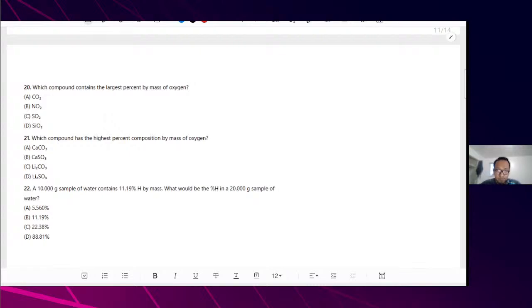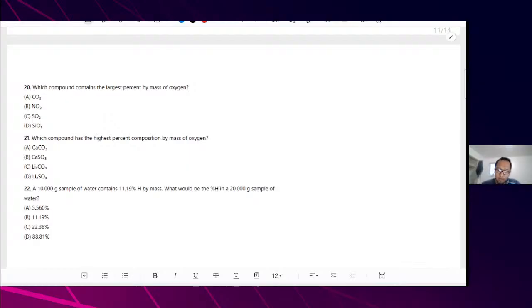All right. Before we continue, just for your information, guys, this one is an ACS exam, the standardized exam in the US for chemistry.